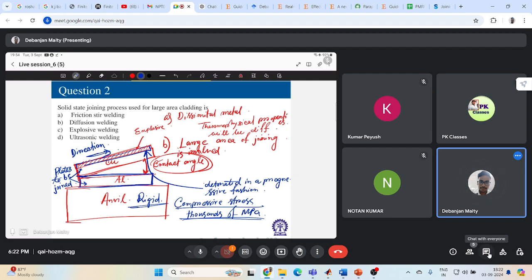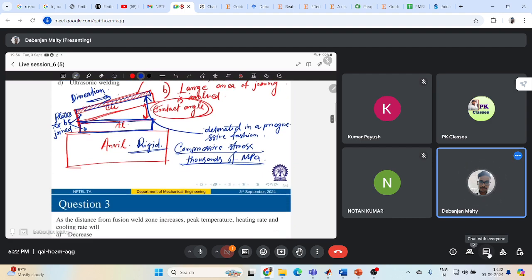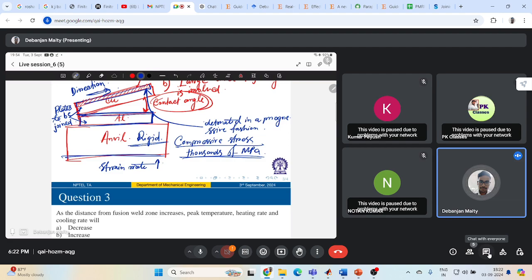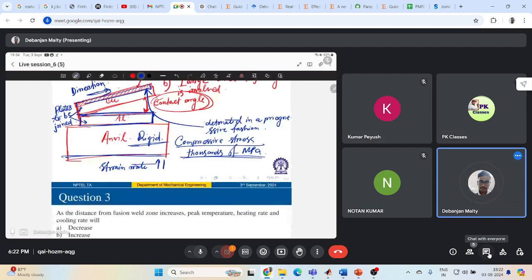And because the impact is very fast or very quick, the strain rate will be very high over here. Do you remember I once talked about that the real stress of a material is a function of what?